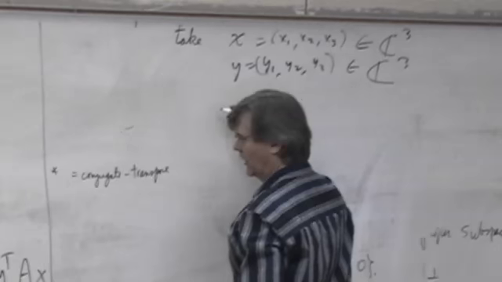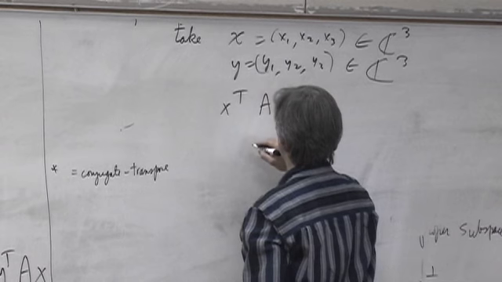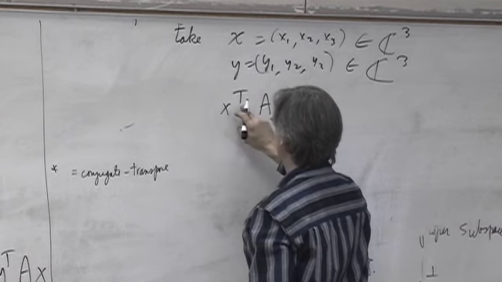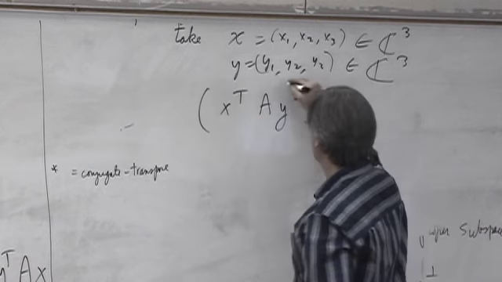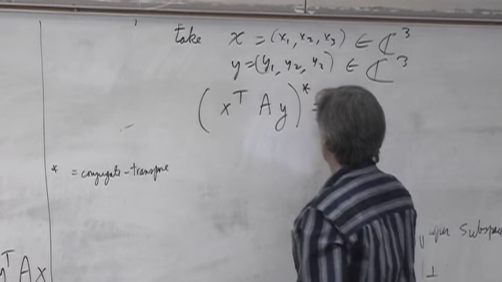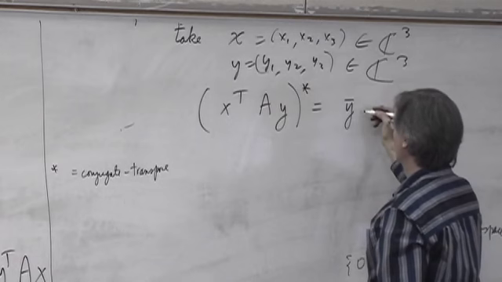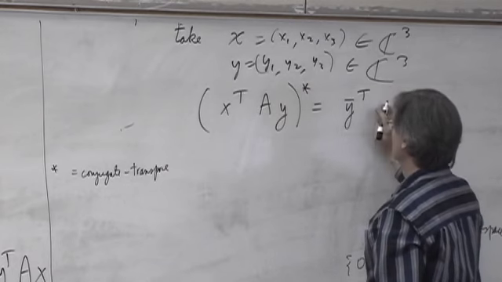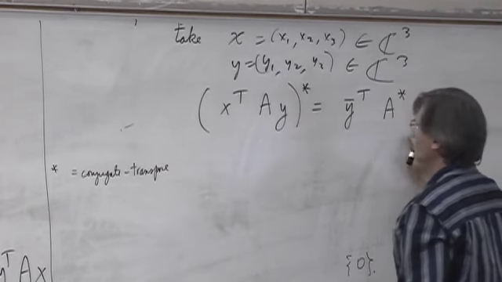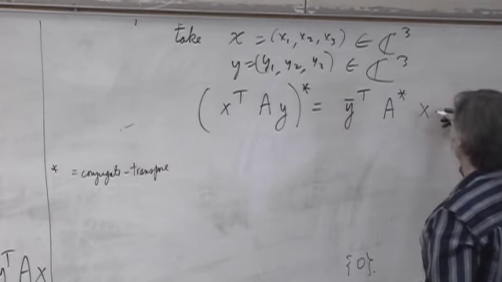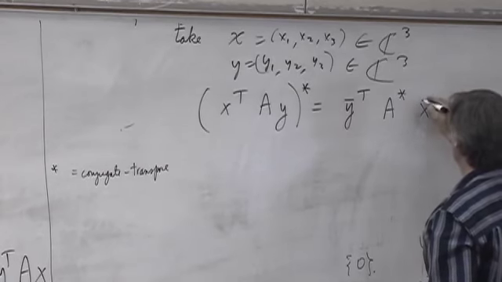Then what you have is x transpose A y. That's still a transpose. And now if I take the conjugate transpose of that, then I obtain y conjugate transpose A star x, well, I'll just put x bar.